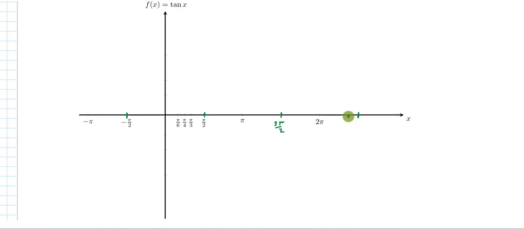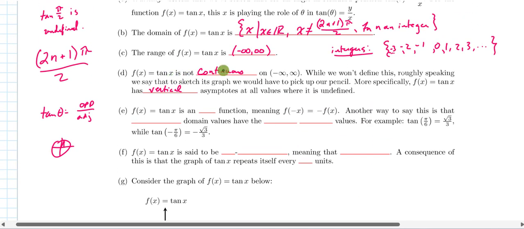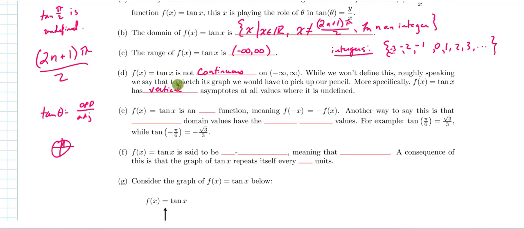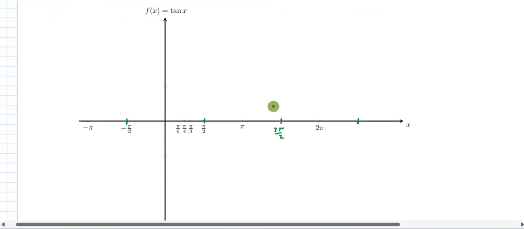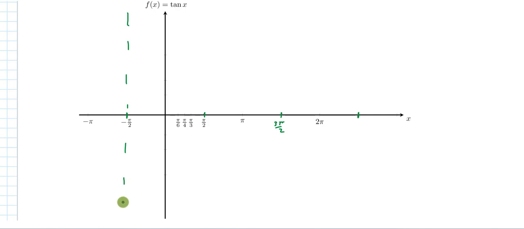Well, in fact, we said that the graph is not continuous, meaning when I go to sketch the graph of tangent of x, I'm going to have to pick up my pencil when I sketch it. And we said that the tangent of x has vertical asymptotes everywhere it's undefined. Now, why is that? You'll get a better explanation of that when you get to your calculus classes, but for right now, I'm just asking you to accept that this has vertical asymptotes at all of the odd multiples of pi over 2.